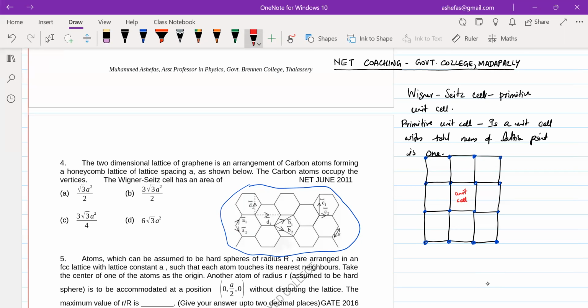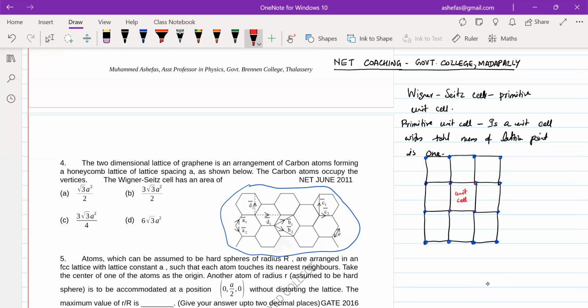Now, what is the effective number of lattice points in one unit cell? If you look at the lattice points, we have a lattice point at all 4 corners. Then directly we may say the answer is 4 lattice points, but that answer is wrong.